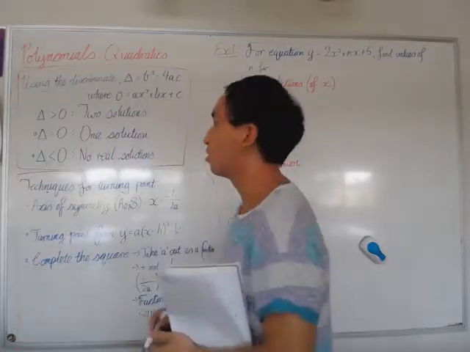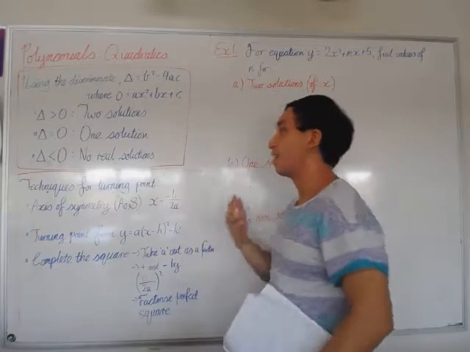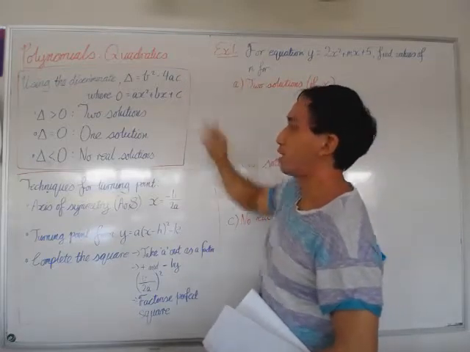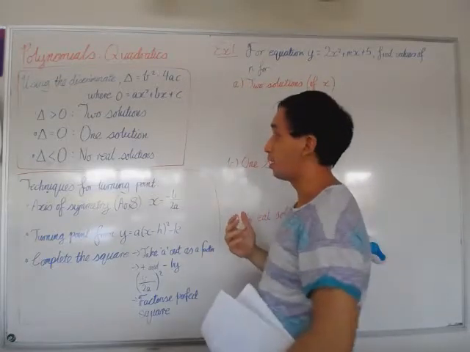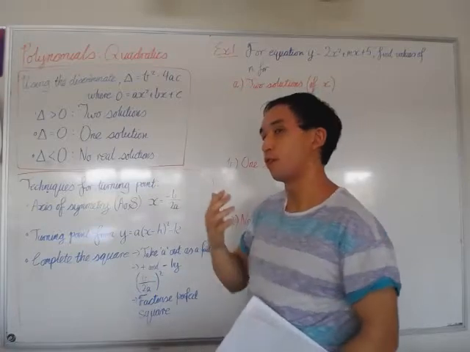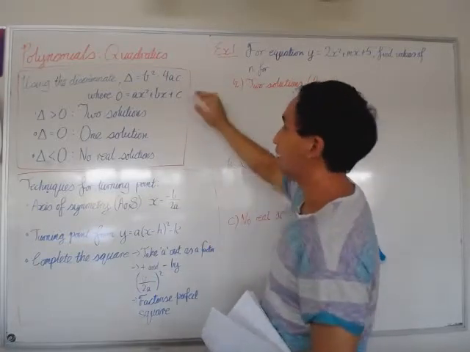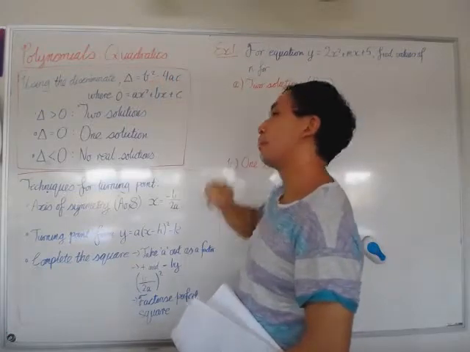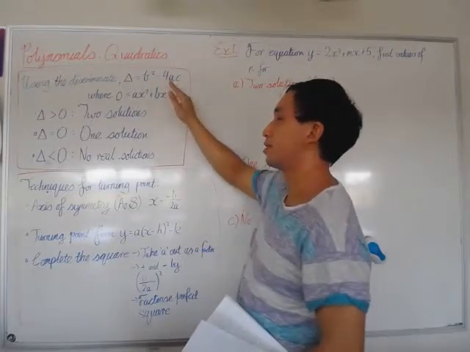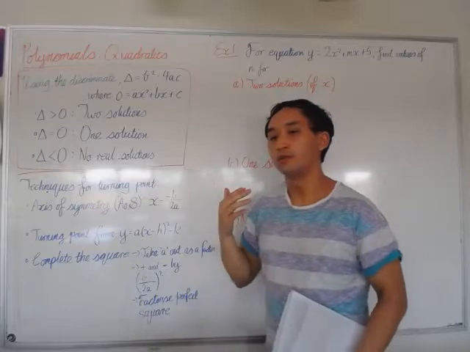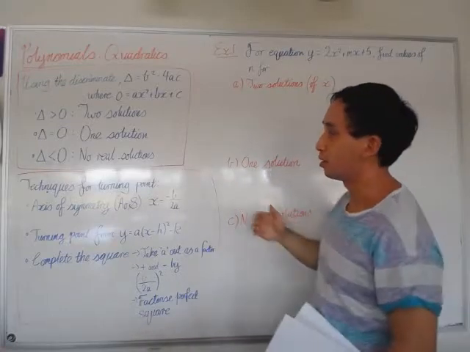Now, we use this triangle symbol over here, and we try to take a value out of the standard form of a quadratic equation. We say the discriminant is equal to b squared minus 4ac, where all of these letters are the coefficients of our quadratic equation in standard form.